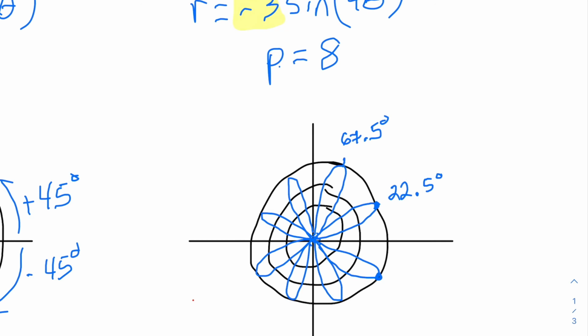What I want us to get in a habit of doing is, when you see the negative, recognizing that for our purposes, we can basically, in terms of graphing, ignore that negative value, because the graph is going to be the same as if it were a positive value when you have an even value, and remember, this is only when you have an even value for a sine function when doing polar graphing of rose petals.